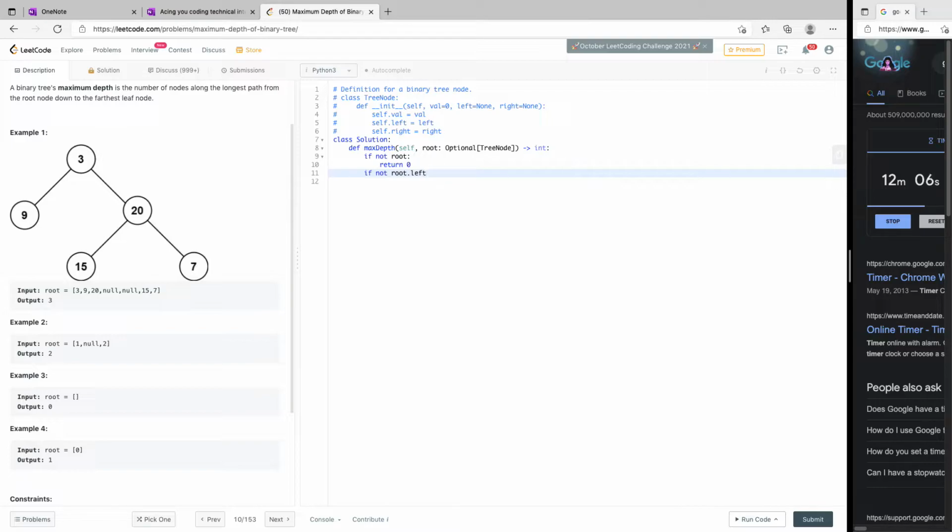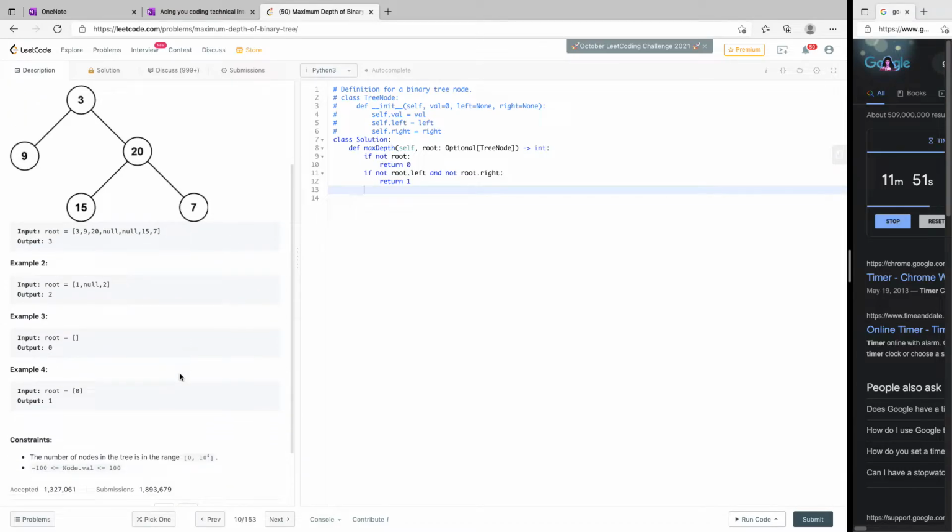If not root.left, and not root.right, we return 1.